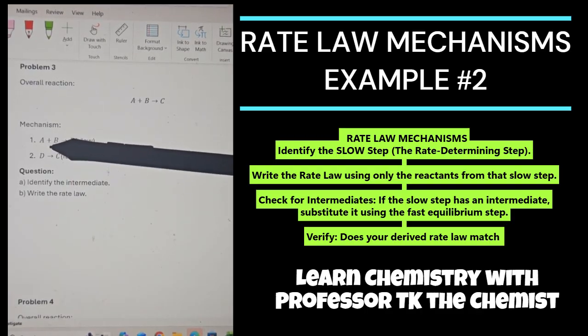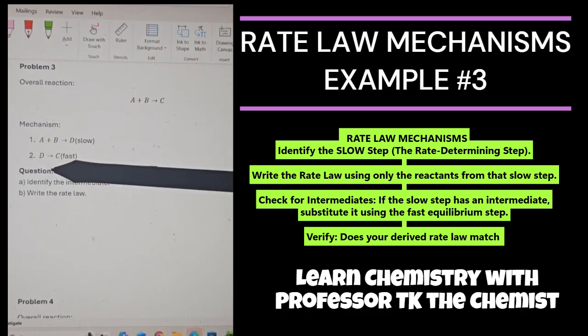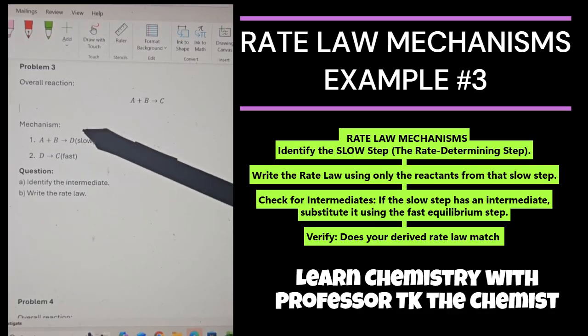The mechanism is A plus B, which goes to D and is slow. Then you've got D to C, which is fast. Now, in this case, the D's canceled out, technically, which is why you see the overall of A plus B going into C.